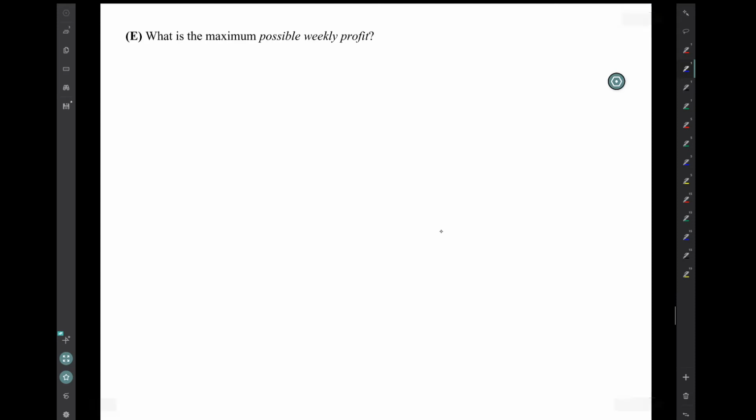Question E is, what is the maximum possible weekly profit? Well, that just means we're going to find the value of capital P of x when x equals 4,050.